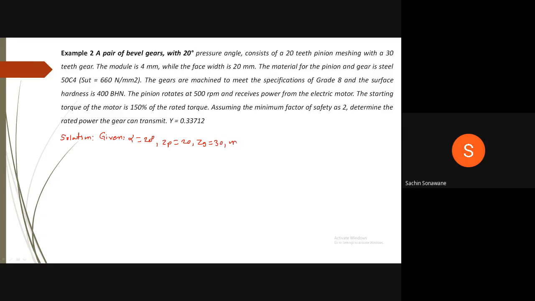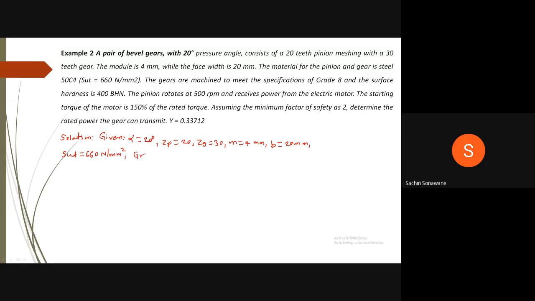Then module M is equal to 4 mm. Face width B is equal to 20 mm. Then SUT is equal to 660 Newton per mm square.